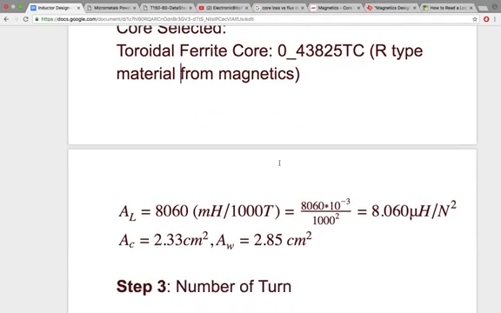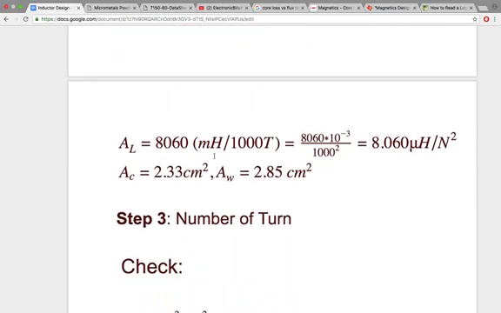Now these are the AL values, and you see the AL value is not given in a straightforward manner, it is given in a different fashion. It is given in millihenry per 1000 turns, and what we want is Henry per turn square. To do that, for milli you multiply by 10 to the power minus 3, and divide by 1000.